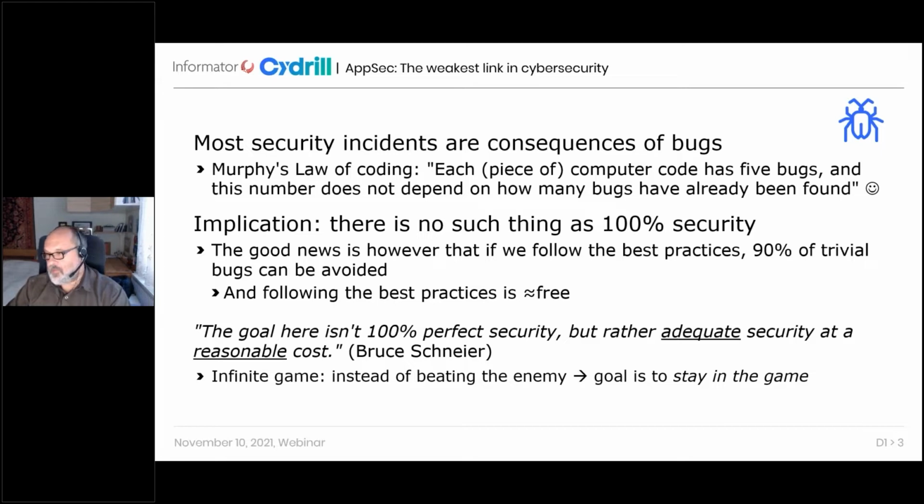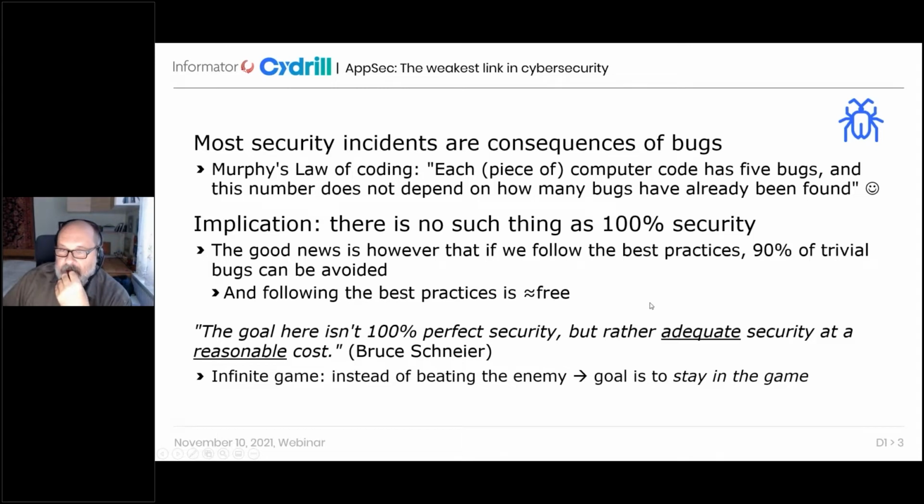If the market realizes that you are doing the right thing from a quality point of view, but also from the point of view of security as part of a quality indicator of your software, customers will keep buying your product. If you lose reputation, they will stop buying your product and you will get out of the game. So this is the story. This is what you have to keep in mind related to all this.